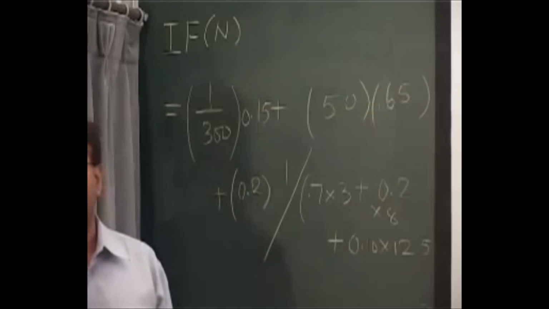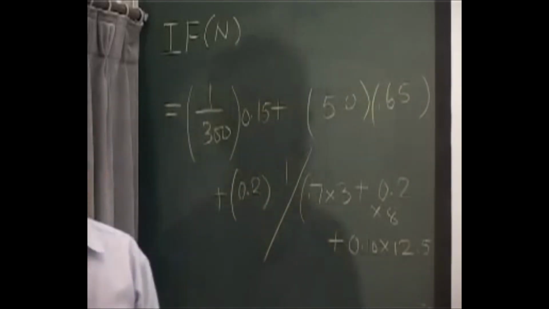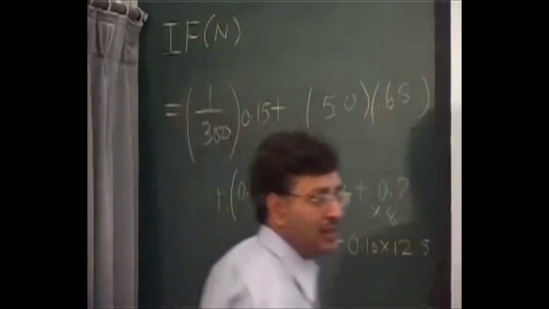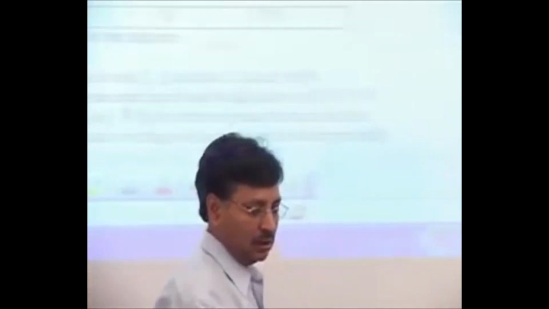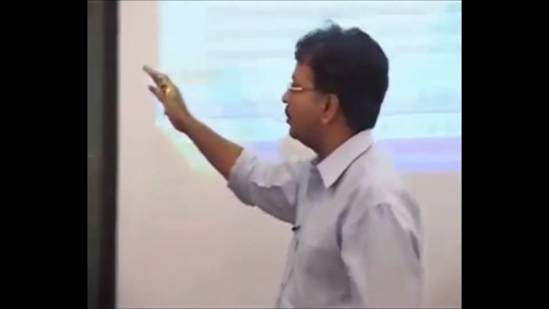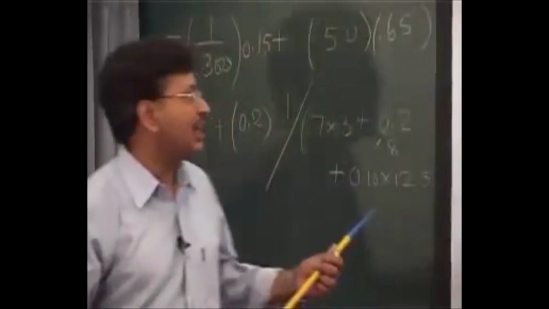So this is the impact factor for north. I thought the problem is very clear and straightforward. So that is what you have to do, and that way you can find the impact factor for various directions.